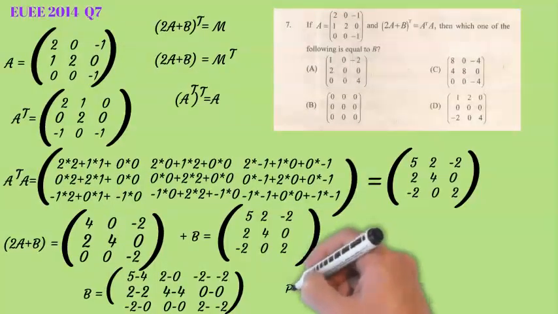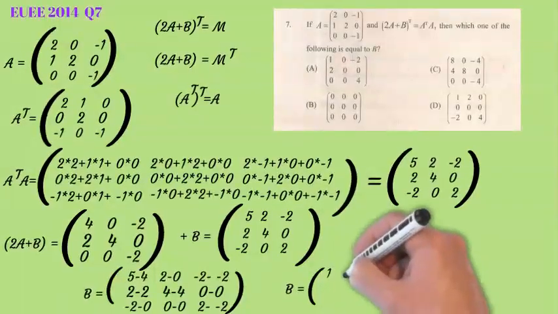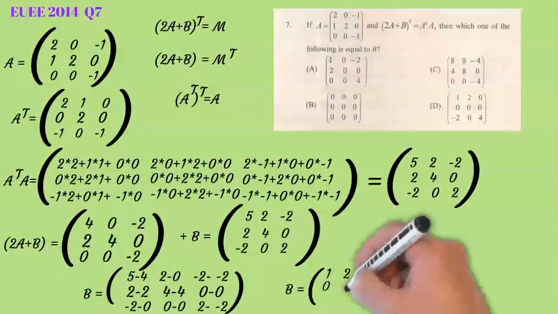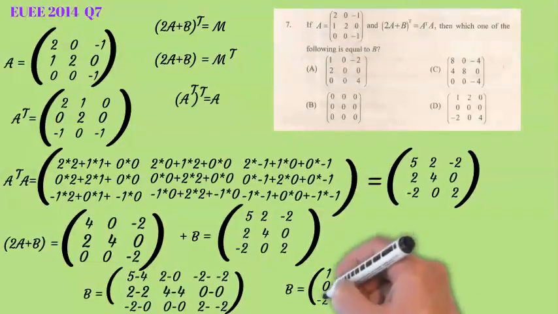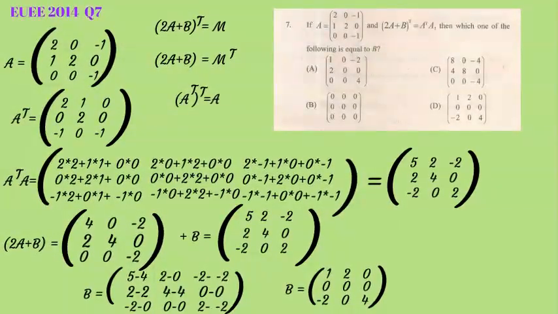Anyhow, so ሁለት ጊዜ A ተደምሮ B ይሄ ከሰጠን B ነው አሁን የምንፈልገው 4 0 -2, 2 4 0, 0 0 -2 ሲደመር B ይሄ 5 2 -2 2 4 0 -2 0 2 ይሰጠናል። ያ ከሆነ ከ5 ላይ 4ን በመቀነስ ከ2 ላይ 0ን በመቀነስ ከ-2 ላይ -2ን በመቀነስ ከ2 ላይ 2 ከ4 ላይ 4 ከ0 0 ከ-2 ላይ 0 ከ0 ላይ 0 ከ2 ላይ -2ን በመቀነስ B እናገኛለን። B is equal to 1 2 0 0 0 0 -2 0 4 ነው ይሄ D ላይ ከተሰጣችሁ መልስ ጋር አንድ አይነት ነው። ሶ ማስተዋል ያለባችሁ ነገር ምንድነው?